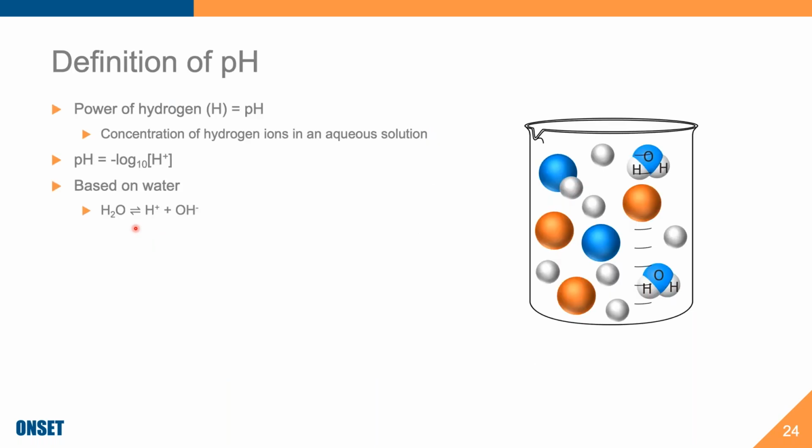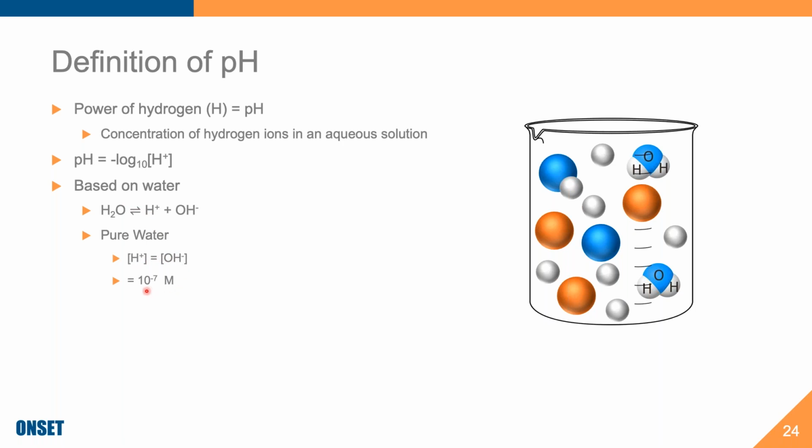Okay, so back to our definition of pH. It is based on water. So it's based on this relationship of water dissociating into hydrogen ions and hydroxyl ions and then reforming water molecules. So that's why there are the 2 arrows here, as they should be. Pure water, to review, has the same concentration of hydrogen ions as hydroxyl ions.